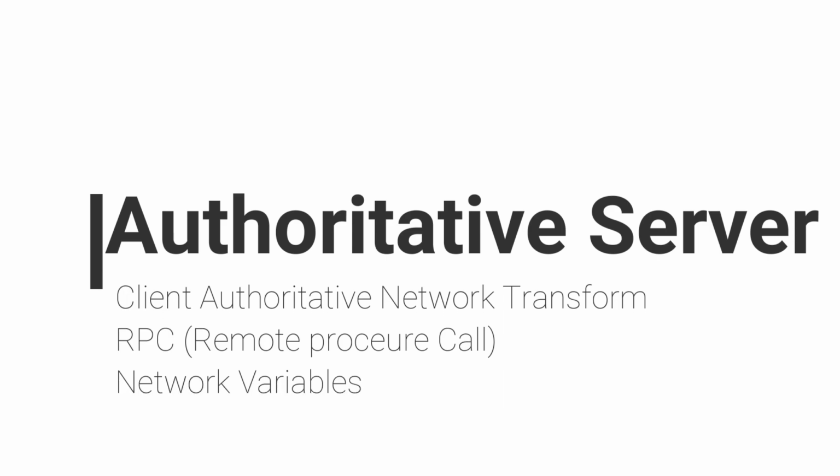The first one is using the client authoritative network transform. This is basically about replacing the netcode default model with one which is unrestricted and allows clients to transfer movements across the network. This method is easy, but attention, it is not recommended by Unity.